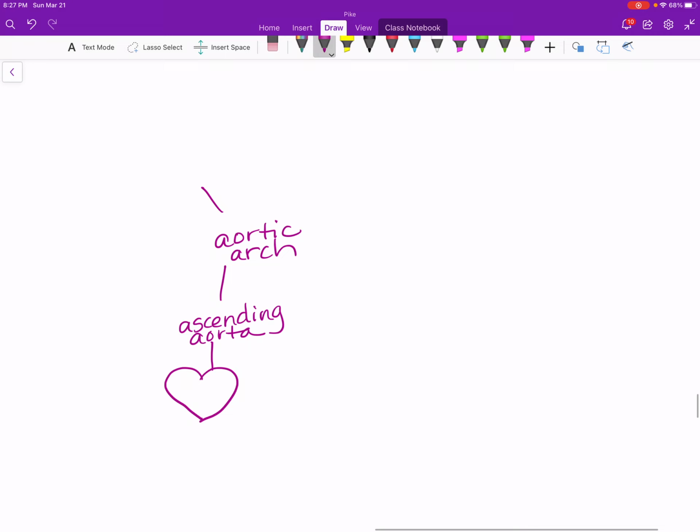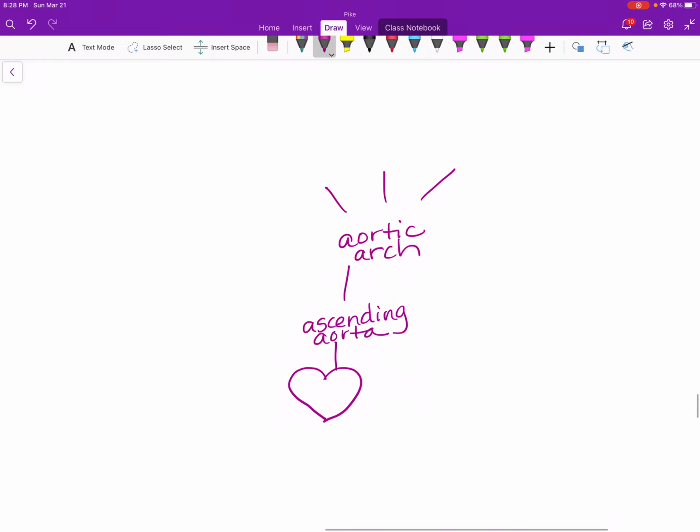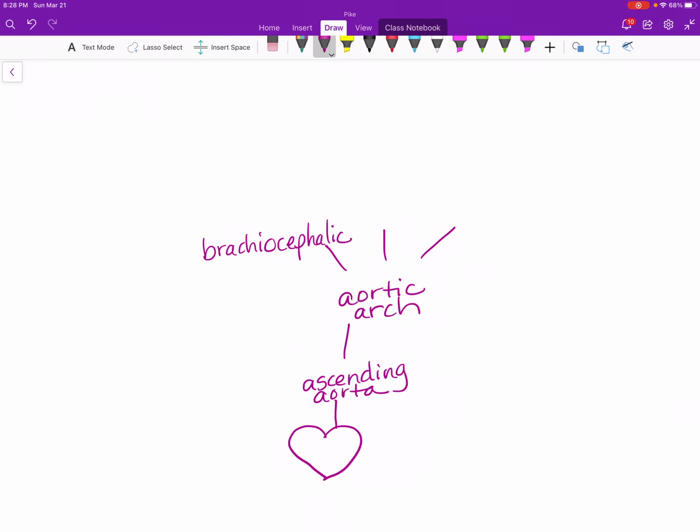The aortic arch has 3 branches. The first branch over here on the right of the heart, but it's the left of our picture, is called the brachiocephalic. The brachiocephalic here is going to branch and go to the arm and to the head. That's the name of brachiocephalic, okay?